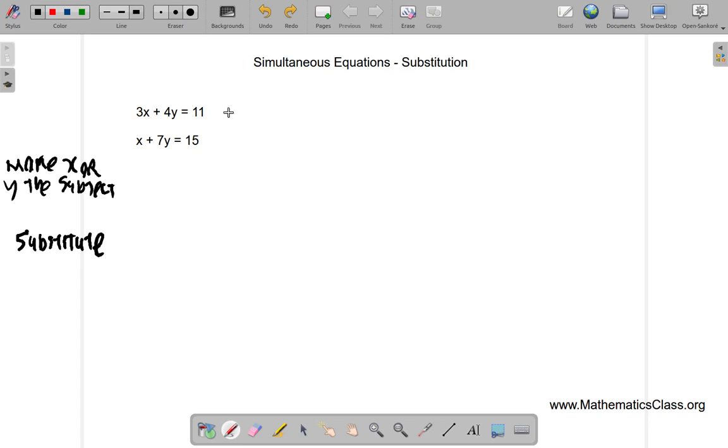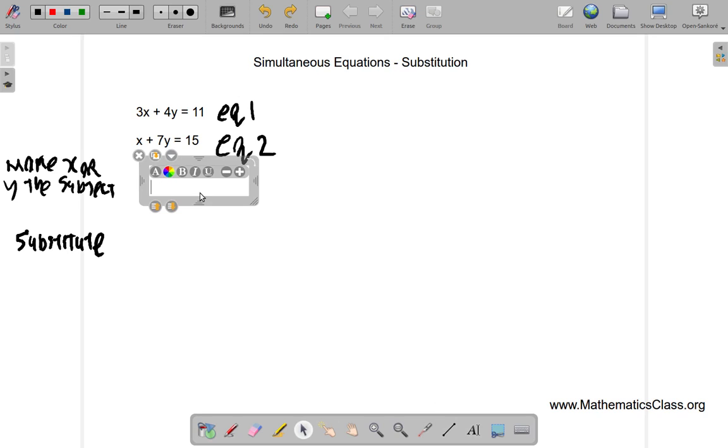So let's call this equation 1, eq1, and this equation 2, eq2. We're going to make x the subject of equation 2. So let me type it.